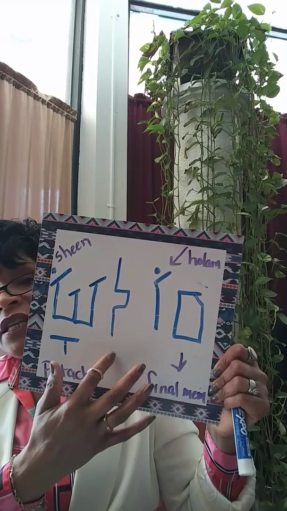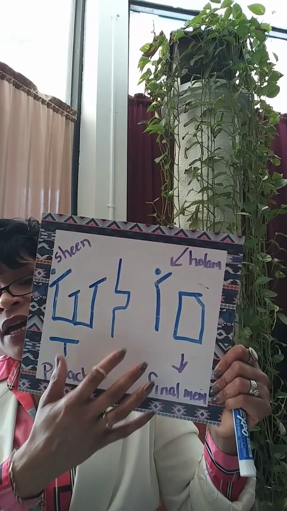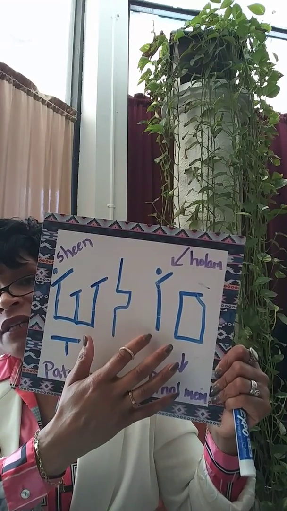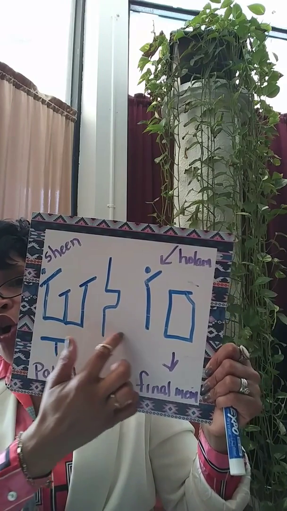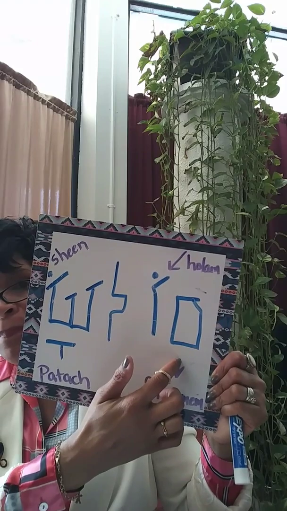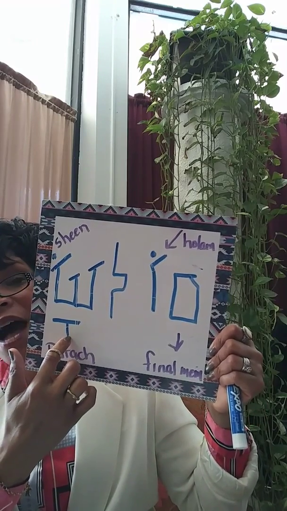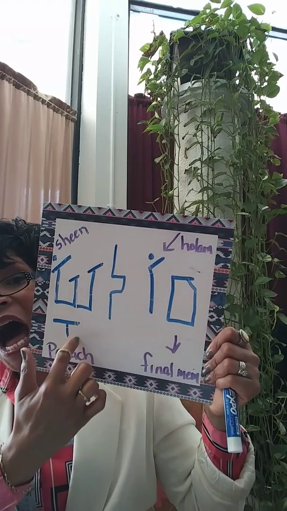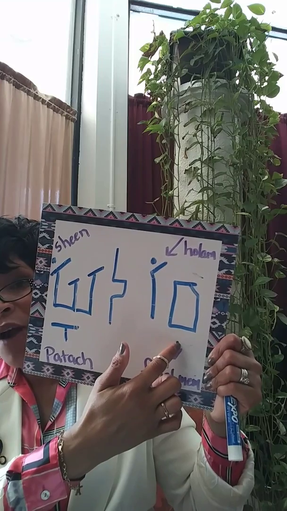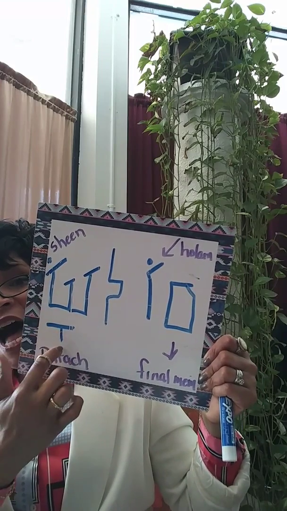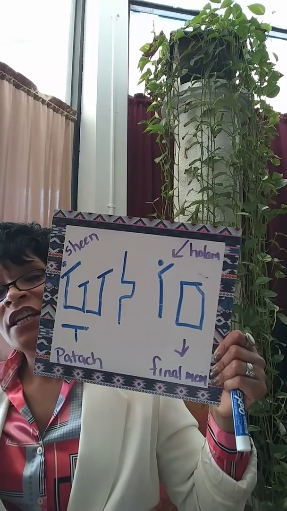Even though nothing is here, if nothing is here, it's going to take the sound next to it, right? So, sha, lo, all right? Sha, as the patah in father. Sha, lo, and we say shalom.